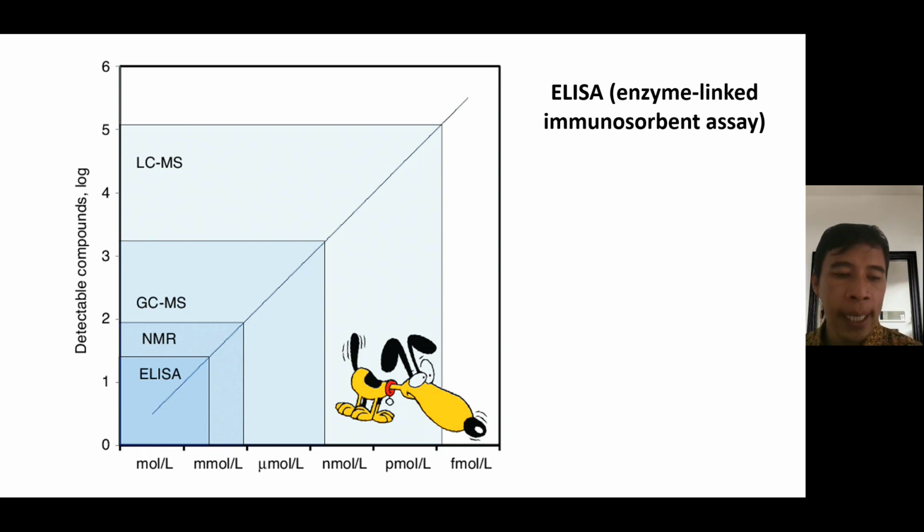When your sample is in micromole, it is better to use nuclear magnetic resonance or gas chromatography and mass spectroscopy. And for the very, very small amounts of your samples, like in nanomole or picomole or even femtomole, you need liquid chromatography mass spectroscopy. So the probable concentrations of your samples will determine what kind of technique you will use.